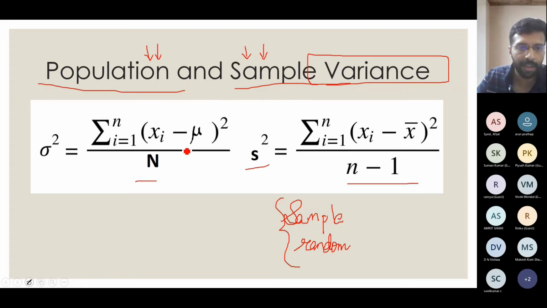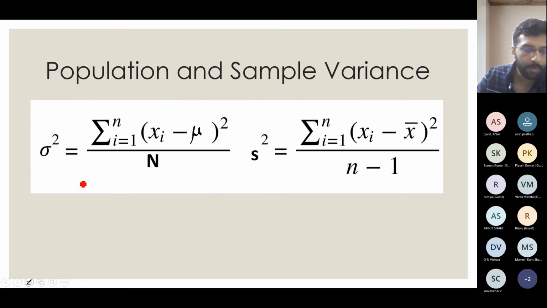Or if the question tells you to find s square, then you can be sure that you are supposed to find the sample variance. Or in case the question tells you to find the population variance or sigma square, and nothing is mentioned about sample, random and so on, then in most cases you are supposed to find the population variance.